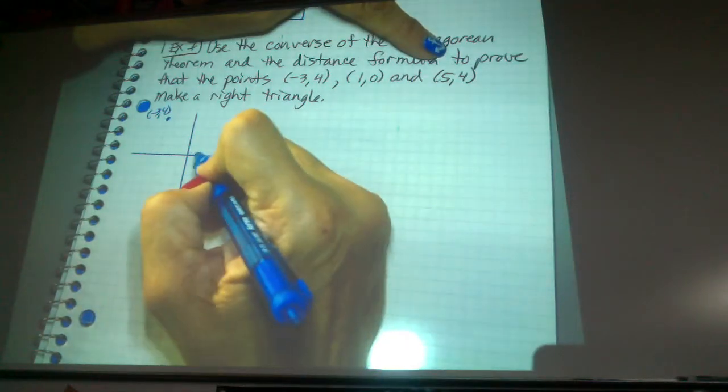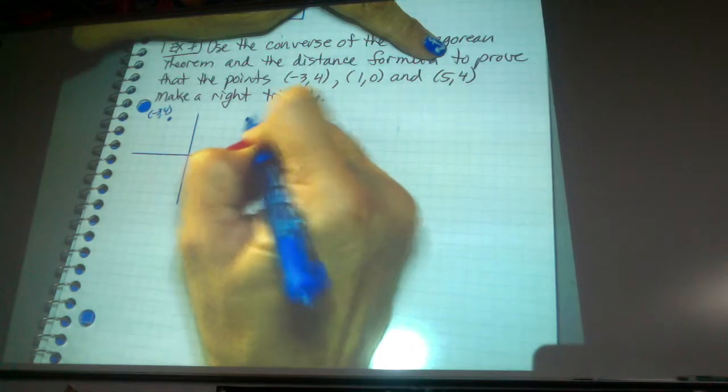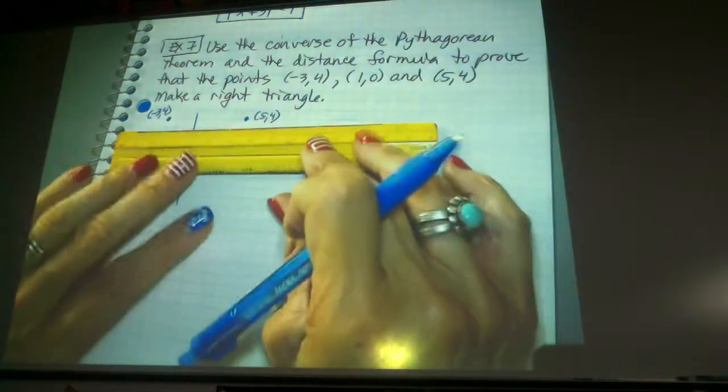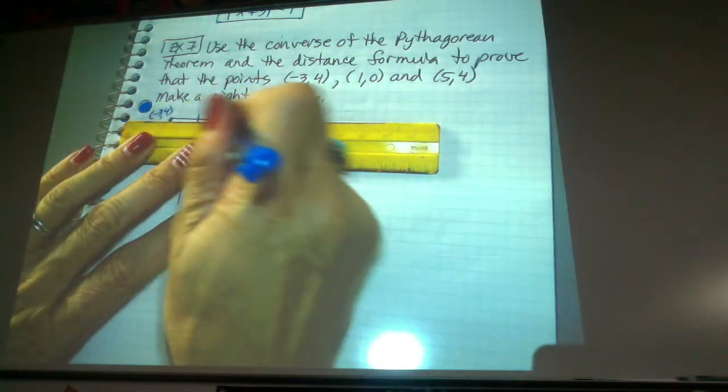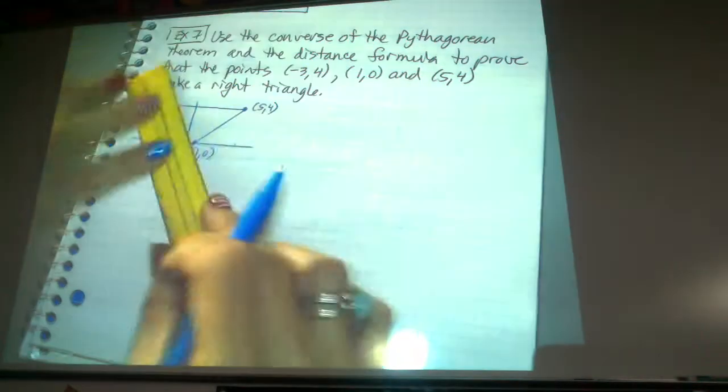And 5, 4. Connect those with a triangle. So you visually cannot look at it and go, oh yeah, that's a right triangle.